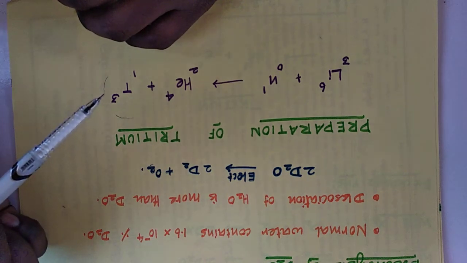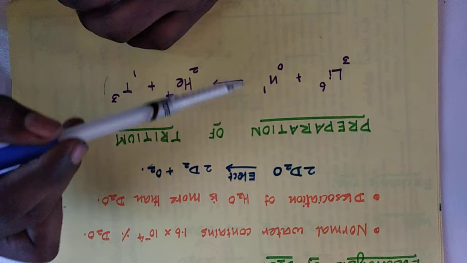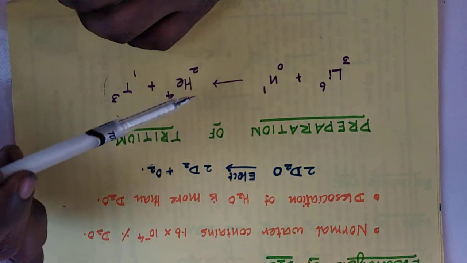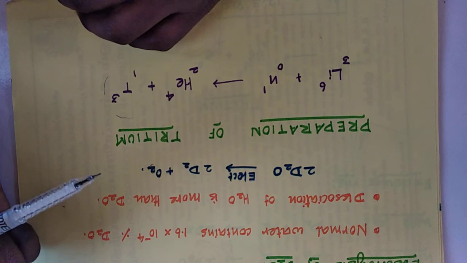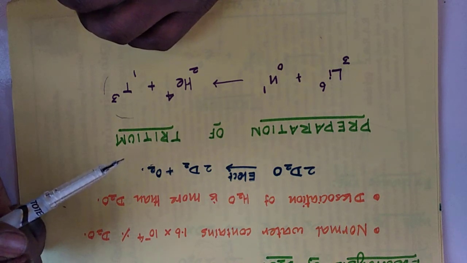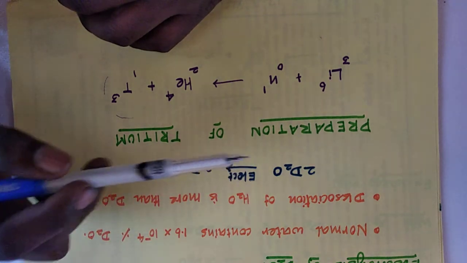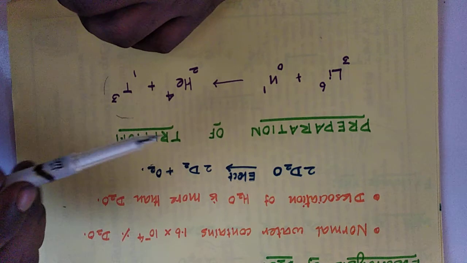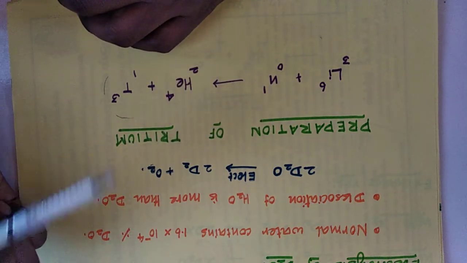So this is the preparation of tritium. Lithium on bombardment with neutron forms a helium nucleus and the tritium isotope. Only this one method is there for the preparation of tritium. Deuterium can be prepared by the electrolysis of D2O, whereas tritium can be prepared by the bombardment of lithium with neutrons.